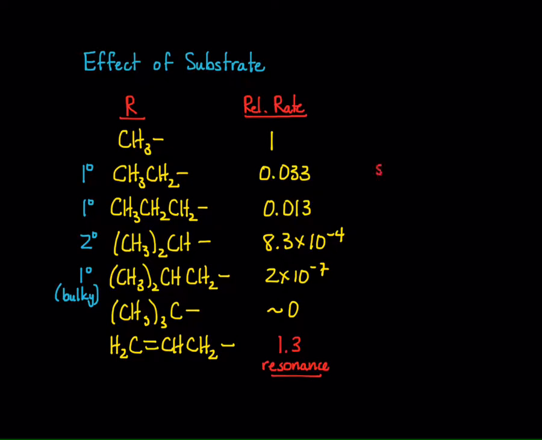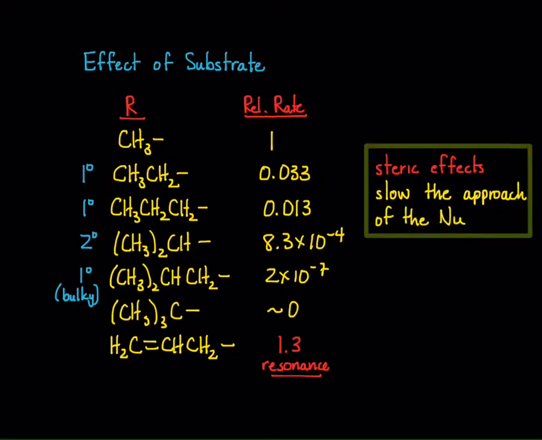So the take-home message is that steric effects play a role. They slow the approach of the nucleophile, and therefore if you have a bulky substituent coming off of that carbon that has a leaving group, you're going to slow the rate down considerably.